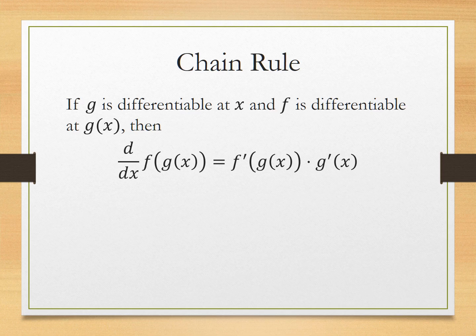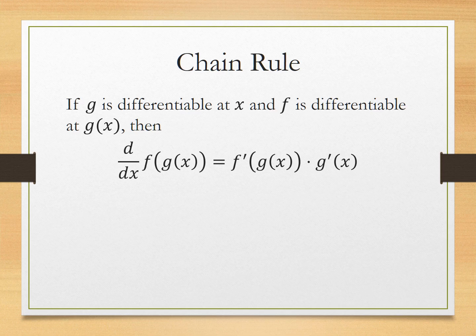Finally, the last rule we're going to talk about today, the chain rule. The chain rule deals with what happens when you have one function within another. The definition is a bit complicated, so let's see what it means. If g is differentiable at x and f is differentiable at g(x), why would we have something like that? Because what we're interested in is f of g of x.